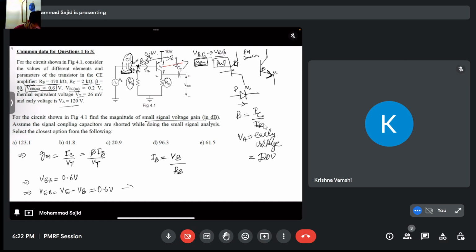So VB will be equal to VE minus 0.6 volt. Alright. Yes. So VE is given to us as 10 volt. Wait, I think I made one mistake here.